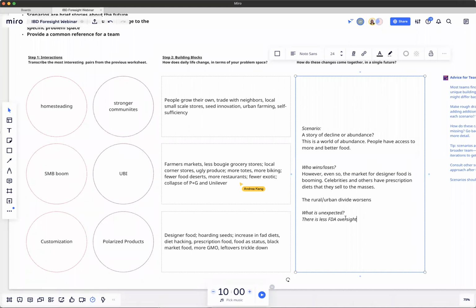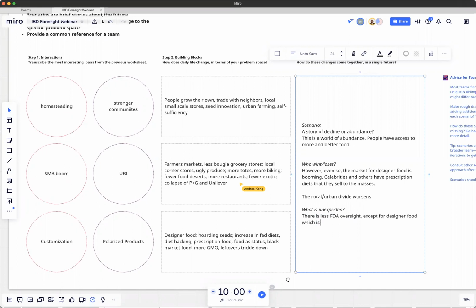Yeah, less FDA oversight, food laws, or the inverse of that, the decreased ability for government regulation of food. Yeah, less oversight in general. Increased value to rural land.